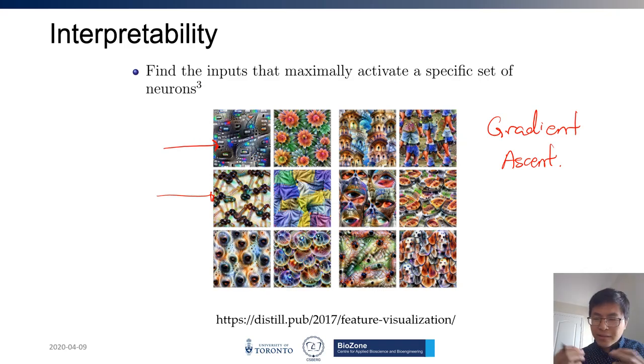You could think of this as neuroscience, right? You have a bunch of neurons you want to look at in the brain, then you shine images at a mouse, and you see which of those neurons are active. Then you see to what particular images those neurons are most active.